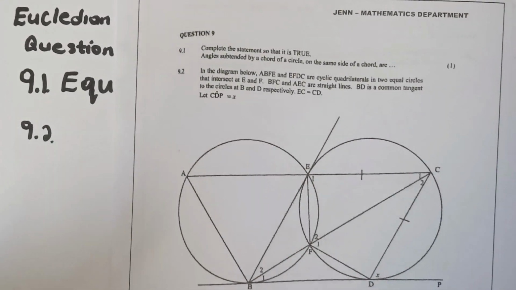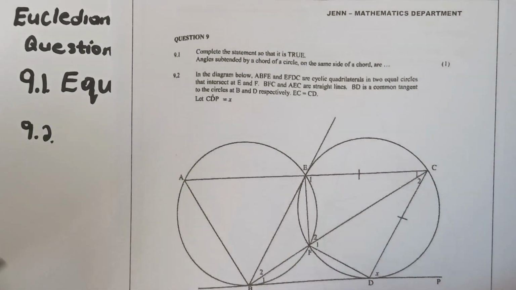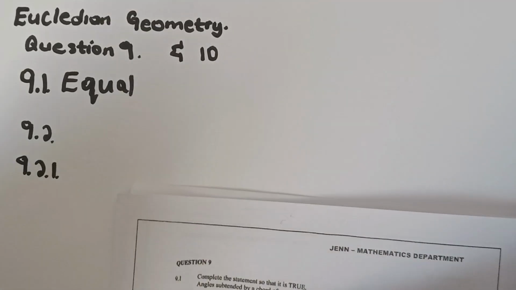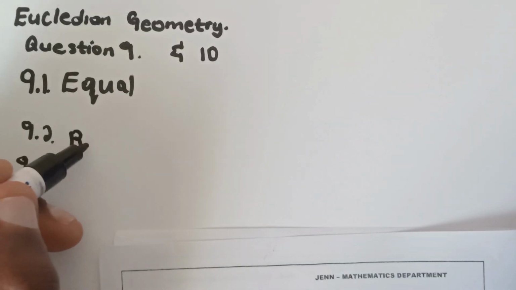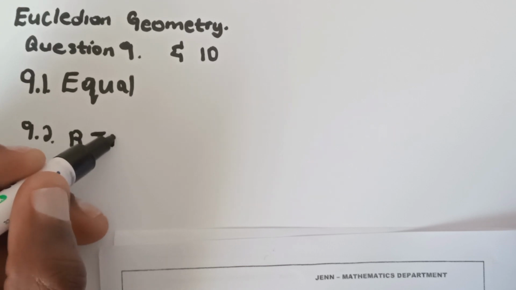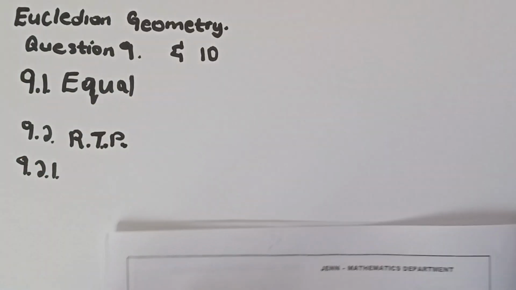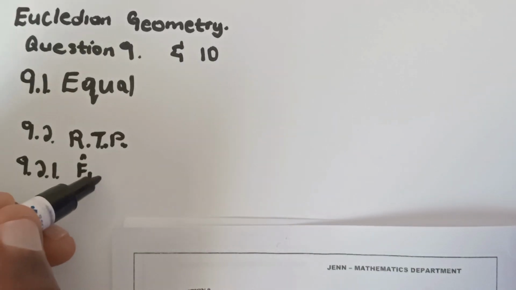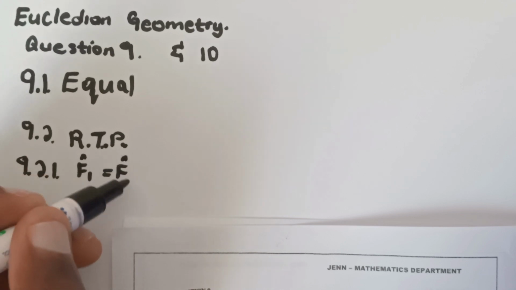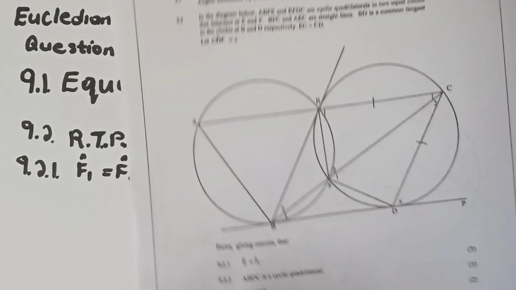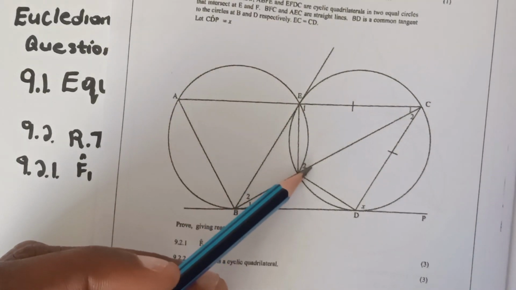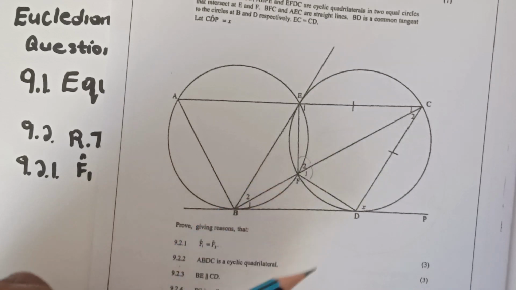Then they say, prove, given results, 9.2.1. We are required to prove that angle F1 is equal to angle F2. Here is angle F1, and this is angle F2.